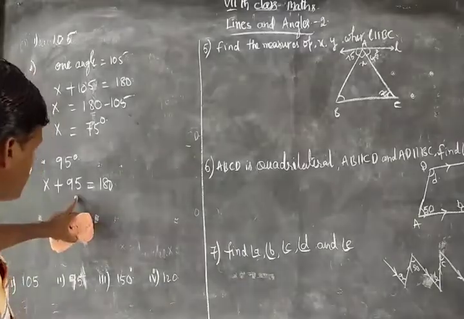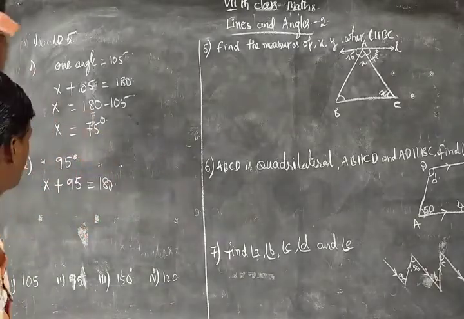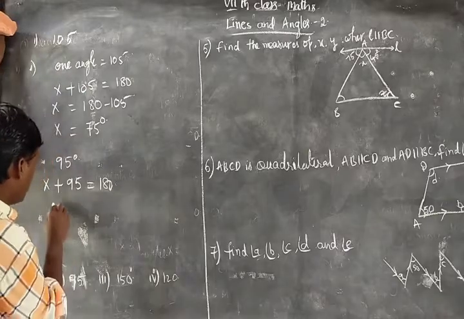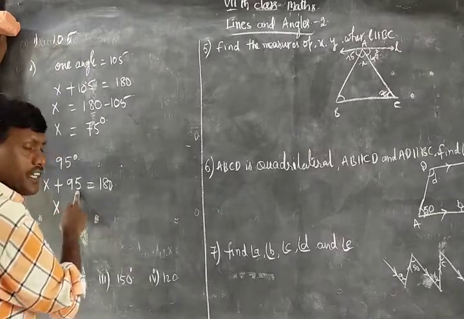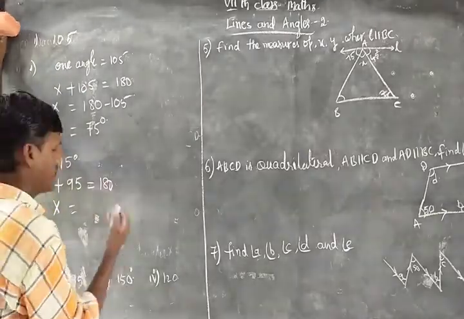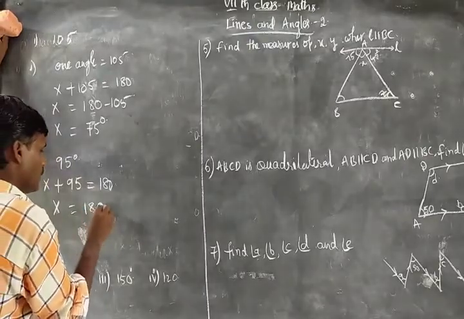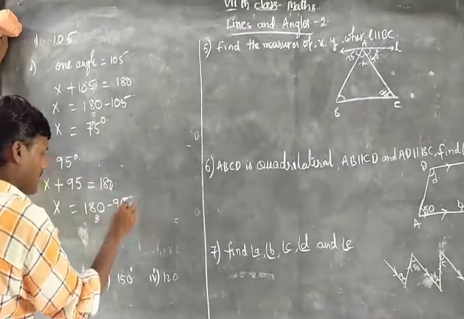Then x is equal to 180 minus 95, transposing 95 to the right side.